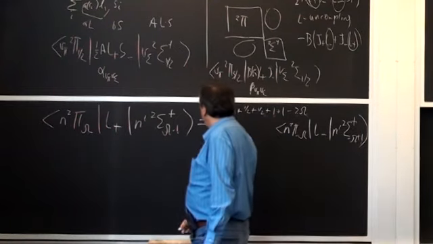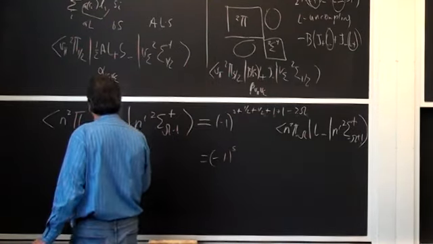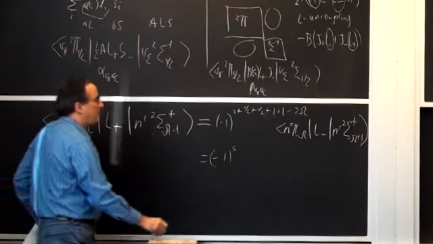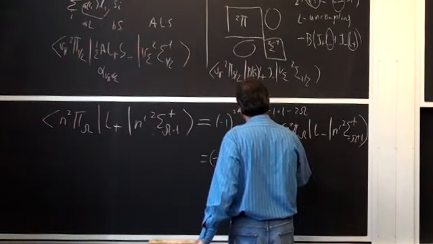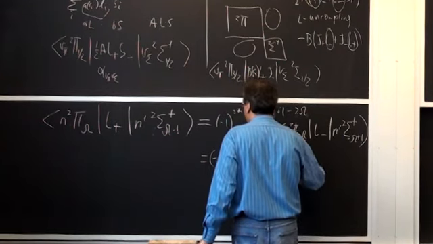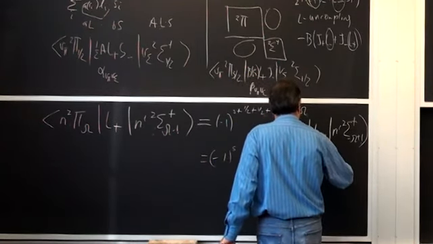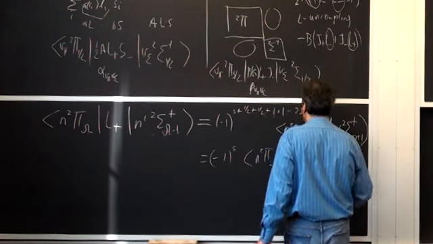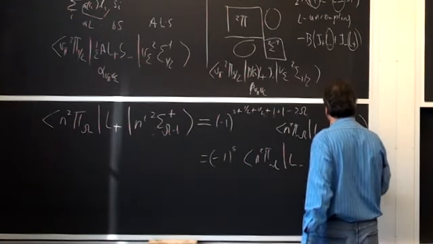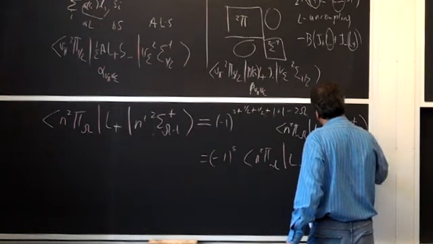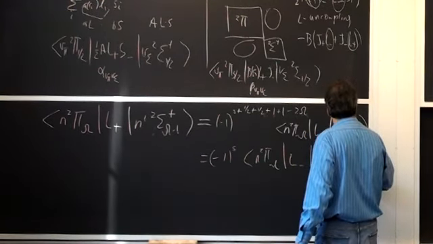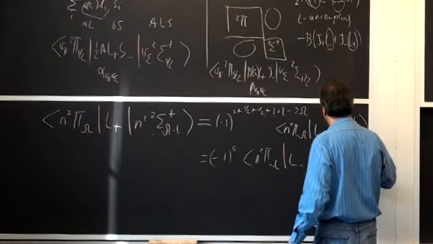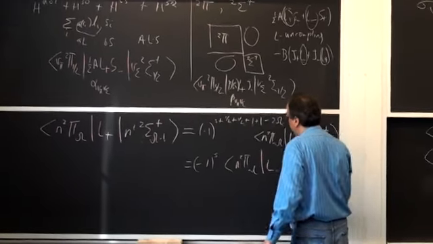And so what you end up finding is that this matrix element is equal to n doublet pi minus omega L minus n prime doublet sigma, with a little s here, n doublet sigma minus omega plus 1.